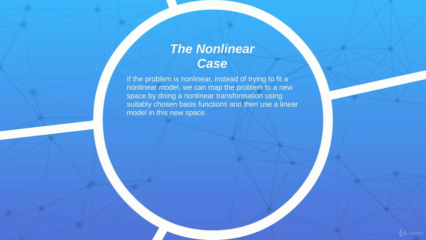If the problem is non-linear, instead of trying to fit a non-linear model, what we can do is actually map the problem to a new space by doing a non-linear transformation using suitably chosen basis functions, and then use a linear model in this new space. The linear model in the new space corresponds to a non-linear model in the original space.